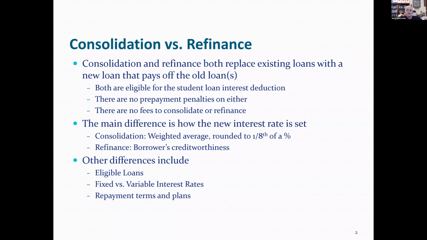Whereas with a private refinance, you can, in many cases, include both federal and private student loans in that refinance. Another difference is the availability of fixed versus variable interest rates. The interest rates on a federal consolidation loan are fixed interest rates. There is no variable interest rate option, whereas a private refinance may give you a choice between a fixed and a variable interest rate.